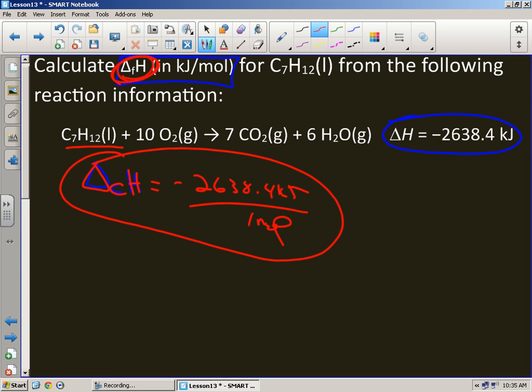Combustion, we always do. Yeah, delta RH, sometimes we use interchangeably. But we have to make sure we're answering the question, right? Delta formation H is a big difference from delta CH, okay? I'm not forming C7H12, I'm burning it, okay? But what is the heat of formation associated with that?